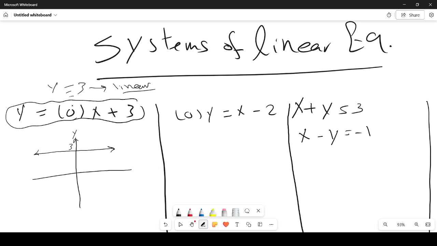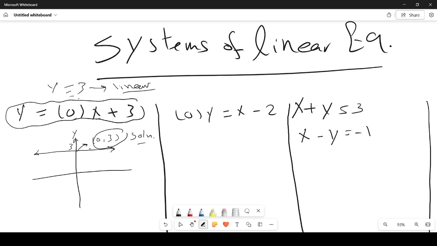This value of x and this value of y represent a solution for the equation. Why? Because if I put x equals 0 and y equals 3, we have 0 and 3, and it lies on the line, which is what a solution for an equation is. So 0 and 3 is a solution for this equation.